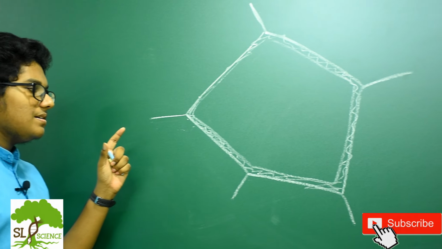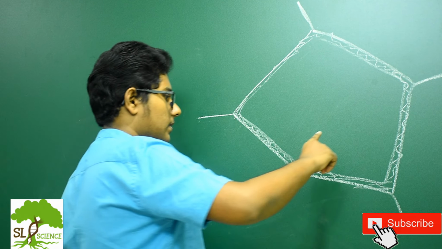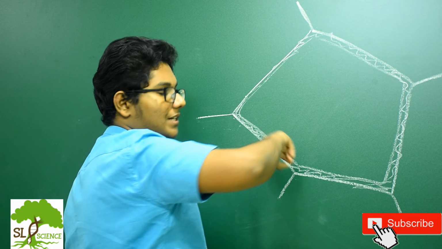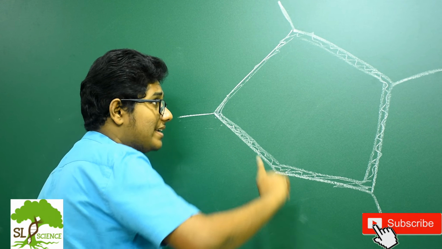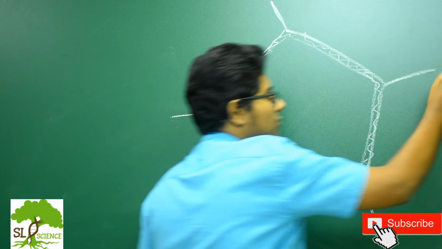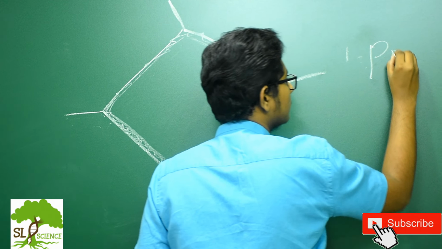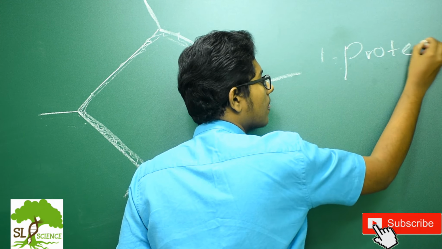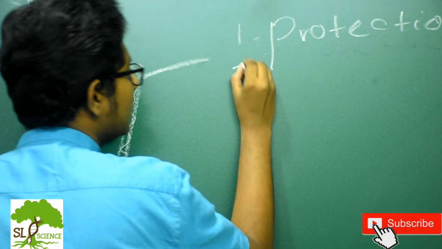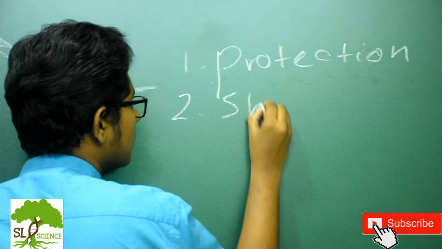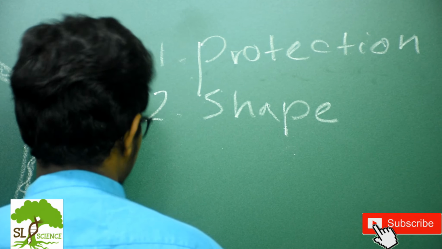The main function of the cell wall is that it provides protection to this cell, and it also gives a shape. The first one is protection. The second one is shape, giving a shape to this cell.